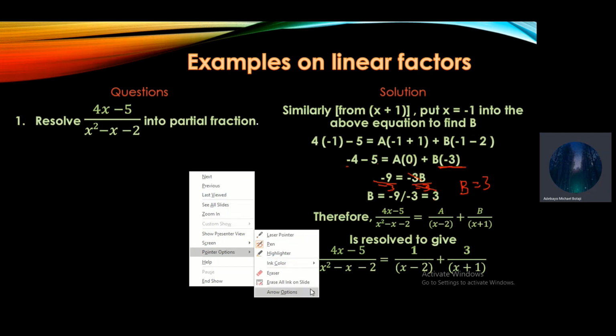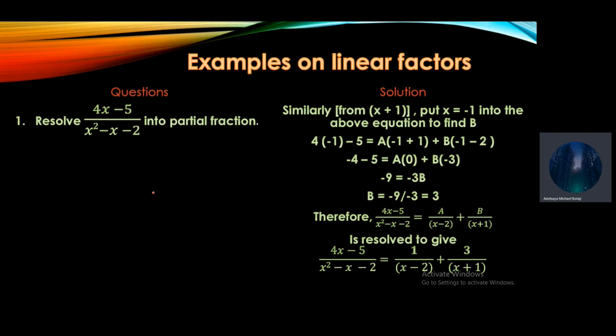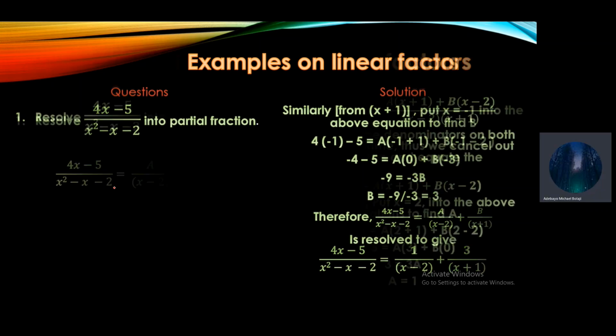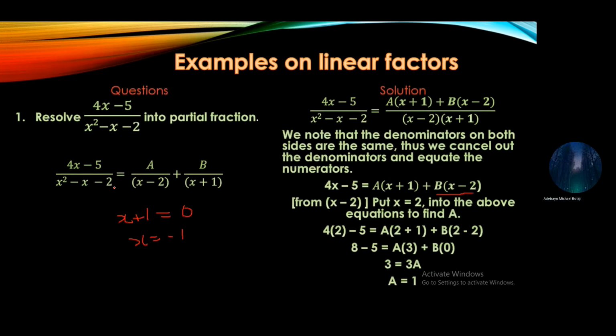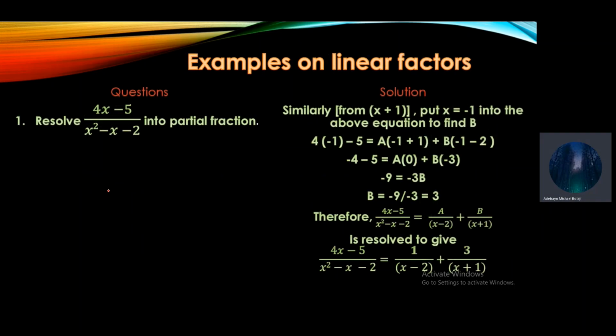So in this case, we have found the value of our A to be equal to 1. And now we found the value of our B to be equal to 3. So resolving our fraction into partial fractions, 4x minus 5 over x squared minus x minus 2 will give us, we know we resolved it to give A over x minus 2 plus B over x plus 1.